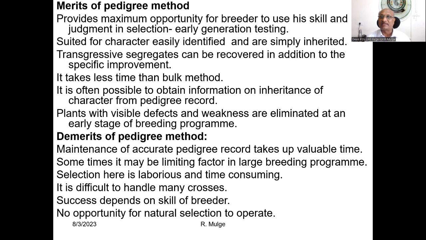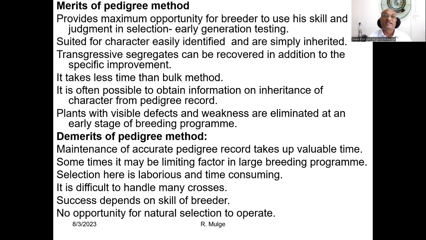You can predict. Of course, to confirm that, you need a proper F2 study with a ratio and a chi-square test. But preliminarily, you can get some idea without doing that. Plants with visible defects and weaknesses are eliminated at an early stage of a breeding program.